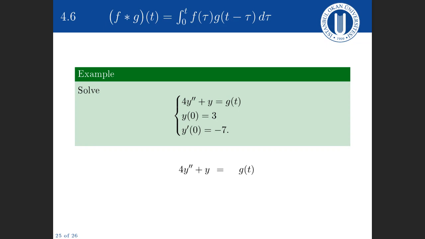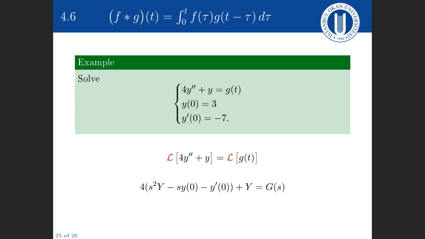So we'll take the differential equation, and we will take the Laplace transform of both sides. That's 4 s squared capital Y minus s y of 0 minus y prime of 0 plus capital Y is equal to capital G of s. We can put the initial conditions in. We can group the capital Y terms together.